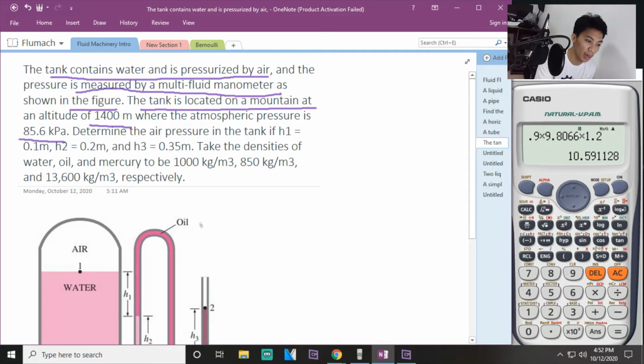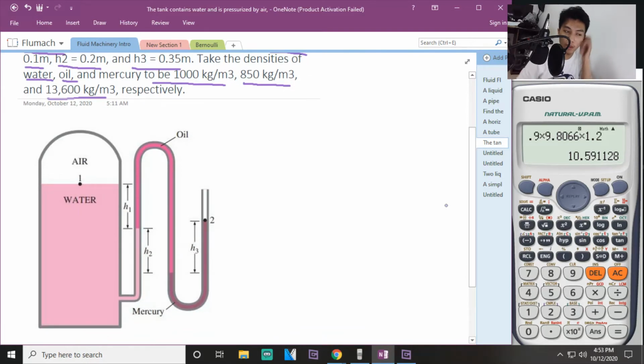That is ATM. Okay? Determine the air pressure in the tank if H1 is equal to 0.1, H2 0.2, and H3 is 0.35. Take the densities of water, oil, and mercury to be 1,000 kg per cubic meter, 850 kg per cubic meter, and 13,600 kg per cubic meter respectively.